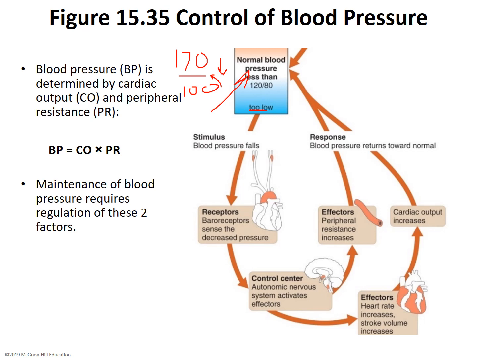So one of the things, if you've ever heard of the ACE inhibitor, it's a medication we take that stops a conversion here, and it stops my body from causing the effectors, the blood vessels, to constrict.